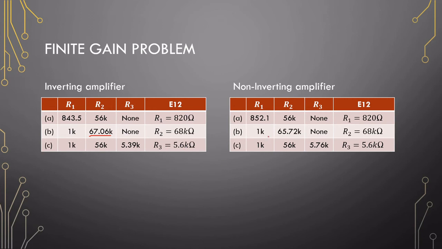And I did the same calculations for the non-inverting amplifier. For this low amount of gain, you will see that the values are kind of close to our inverting companion's values. So we end up with the same resistors for both. With higher gains, they will be even closer.